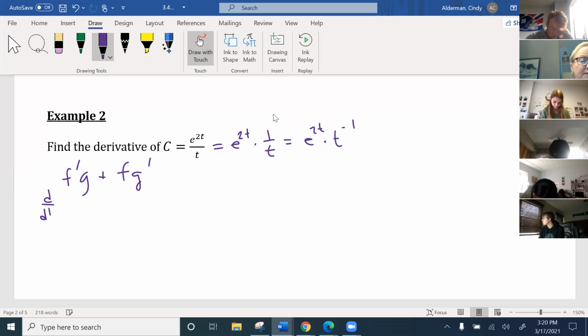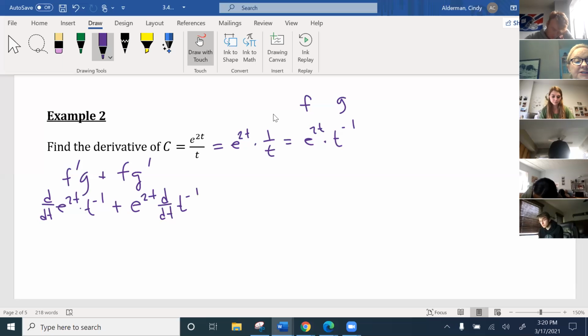So we're going to take the derivative of f, which happens to be e to the 2t power, multiply that by g, which is t to the negative 1. Then I'm going to take f, leave it alone, e to the 2t, and multiply it by the derivative of g, which is t to the negative 1.